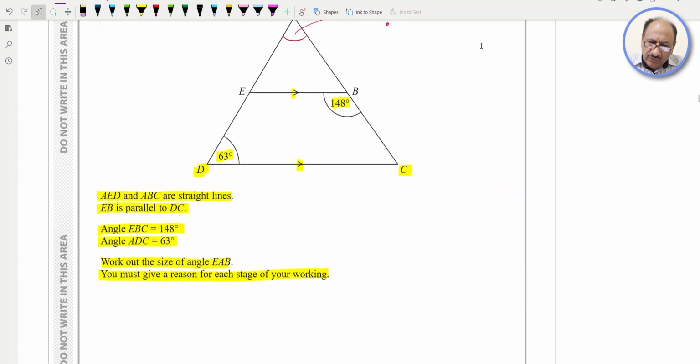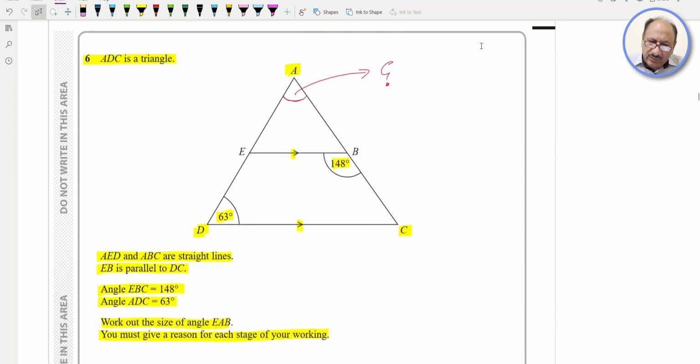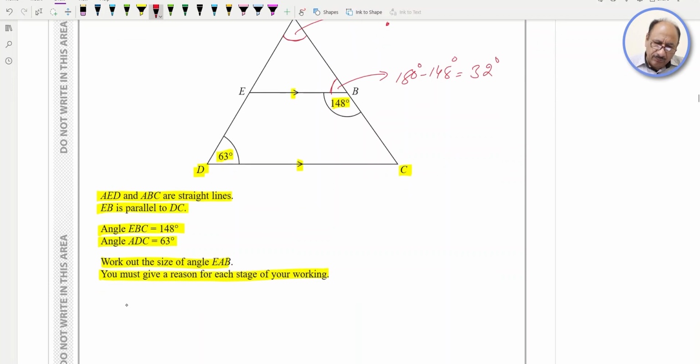Now first of all we can write this angle is 180 degrees minus 148 degrees, and that will be equal to 32 degrees, and this step we will write over here. We can write angle EBA is equal to 180 degrees minus 148 degrees, and this is equal to 32 degrees.